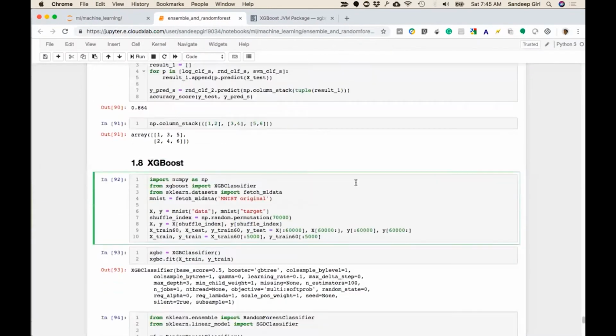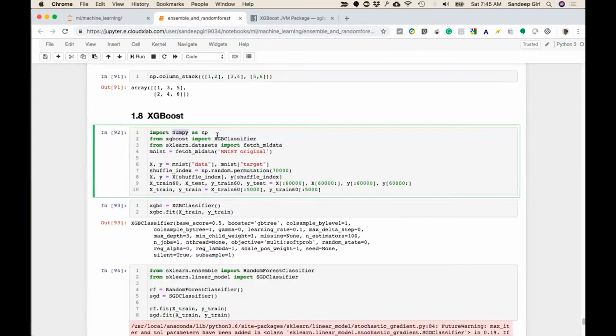Okay, so here you can see the NumPy XGBoost classifier. We are fetching the MNIST data, and here we are picking X and Y. Then we are shuffling it, basically creating a shuffled index out of 70,000 numbers. And using that shuffled index, we are shuffling X and Y. After shuffling X and Y manually, we are splitting it.